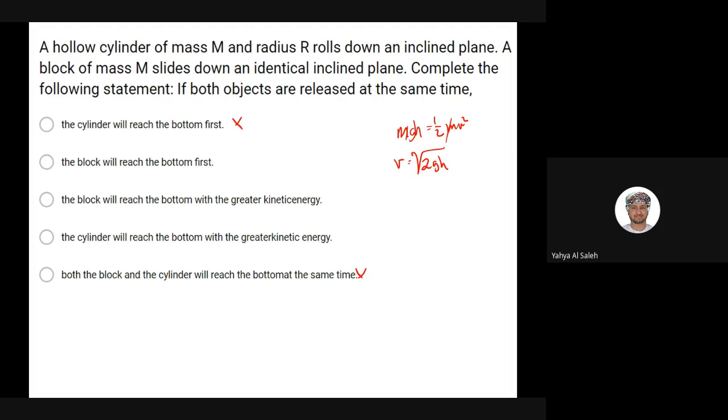Well, they will both have the same kinetic energy total because they're both getting it from the same mgh. So your total amount of energy is the same. Hence, the only possible answer is the block will reach the bottom first. Whether you have half mv squared or half mv squared plus half I omega squared, your total energy still is mgh.